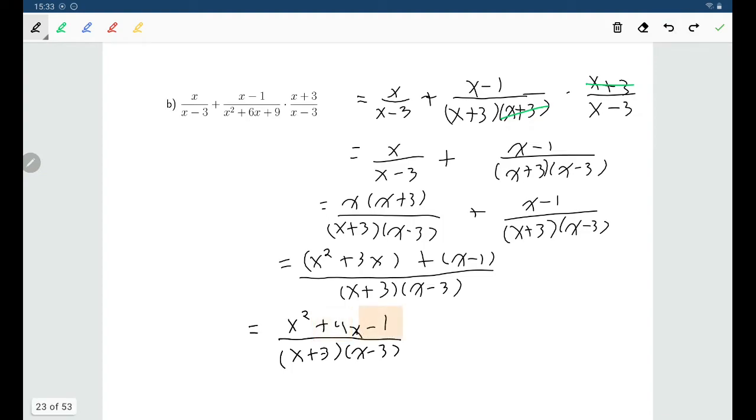There are no integers that do that. So as far as factoring this with integer coefficients, I can't. In fact, this would be a prime polynomial. So that means that we have simplified as much as we can. That means that the x minus 3 and the x plus 3 in the denominator can't cancel out with anything in the numerator. This is in simplest terms, so therefore we're finished.